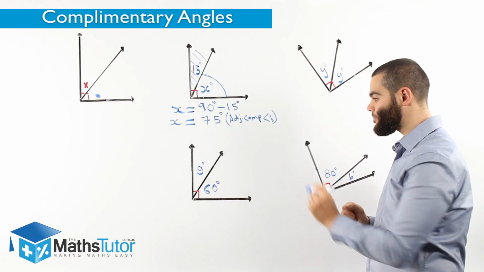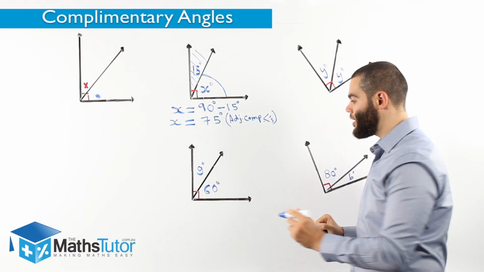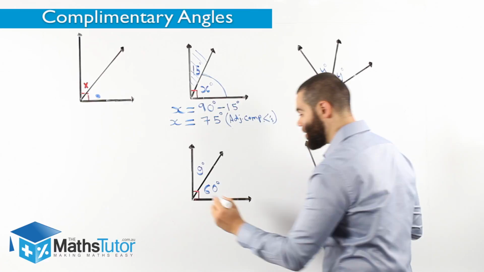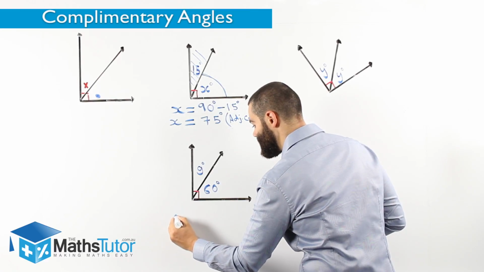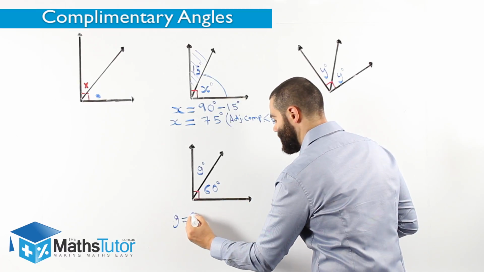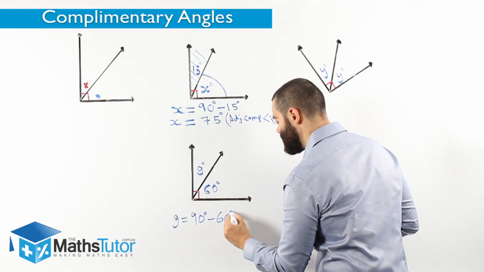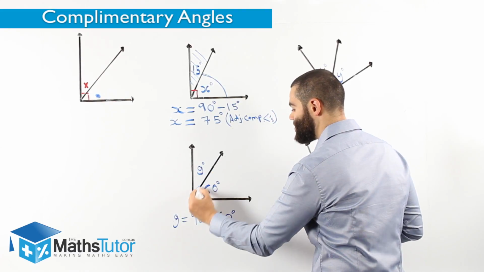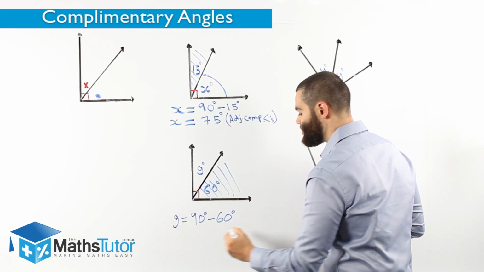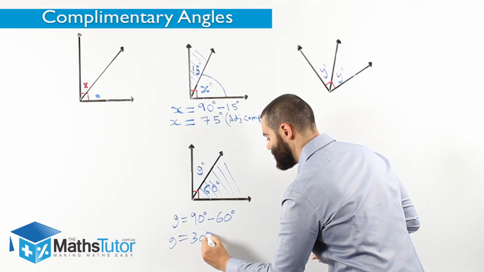Let's look at another one. Once again, we straight away realize this is a complementary angle, two adjacent angles that make up 90 degrees. We want to work out G, and we know that G is 90 degrees minus the 60 degrees. So G is this part of the angle here. We take away the 60 and we'll be left with G. 90 take away 60 is 30 degrees.